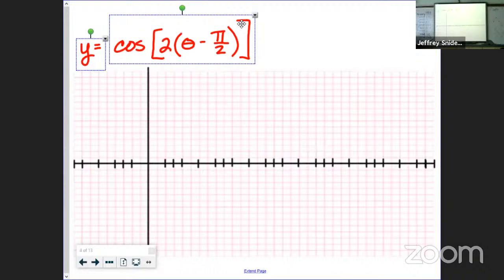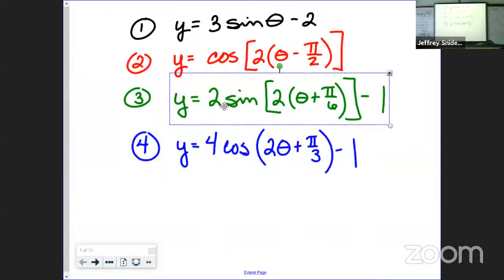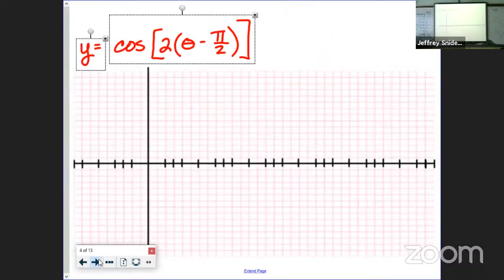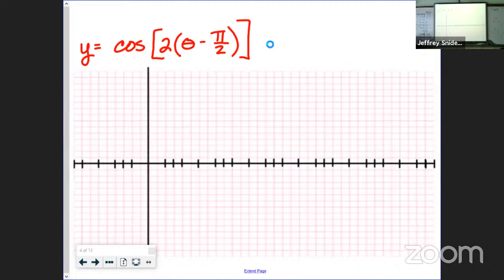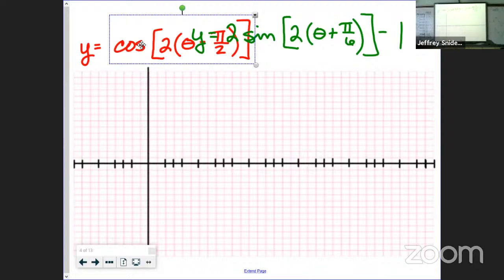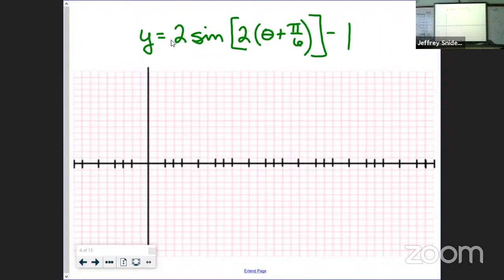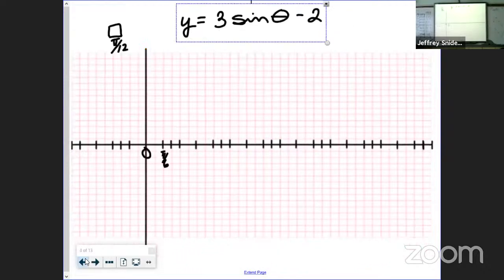I want the other one. It's copied. Copy. And the last one.